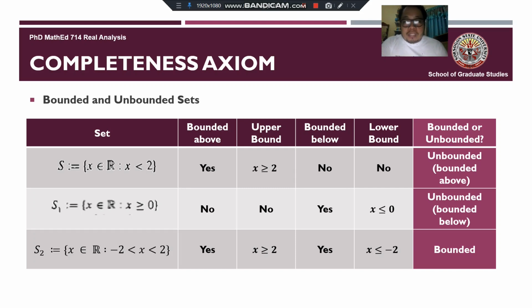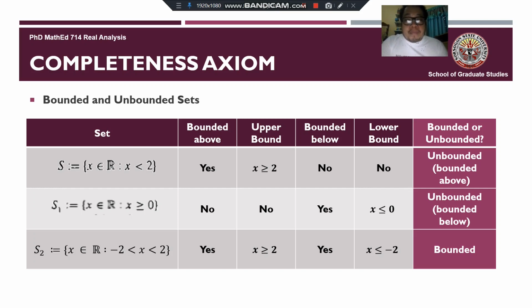Based on the first row, we have bounded above, and since that is bounded above, the upper bound of such set, based on the definition, is x greater than or equal to 2.